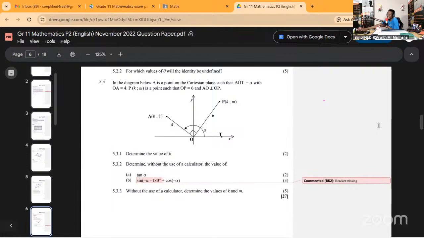Because I said, for a case where you have a negative angle, like cos of negative alpha, it could have been cos of 0 minus alpha. It's just that we don't necessarily have to write the 0. So instead of rotating to the positive side, we are rotating from 0, subtracting going down, which lands you on the fourth quadrant.